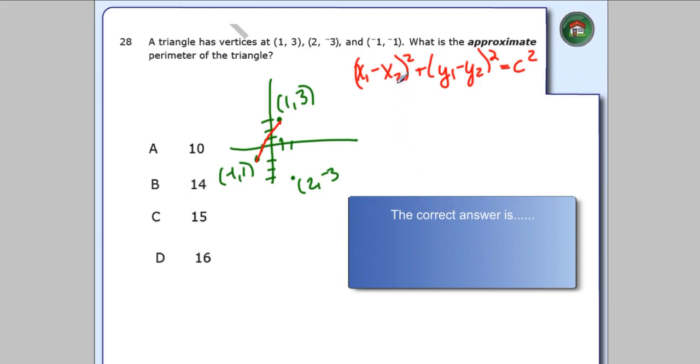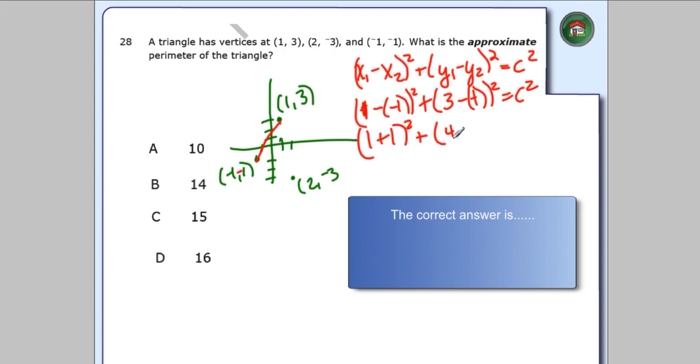C is the length. So you would do 1 minus, that's x minus -1, squared, plus 3 minus -1 squared equals c squared. This would be 1 plus 1, and this would be 4 squared, because it would be 3 plus 1. 1 plus 1 is 2. 2 squared is 4, plus 16, which would be 20.